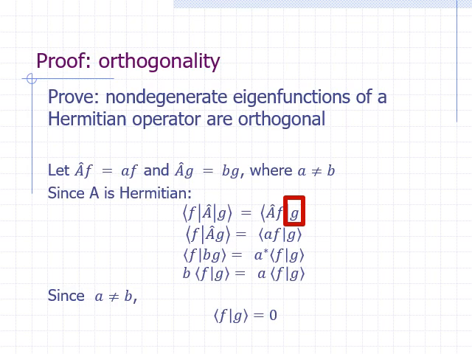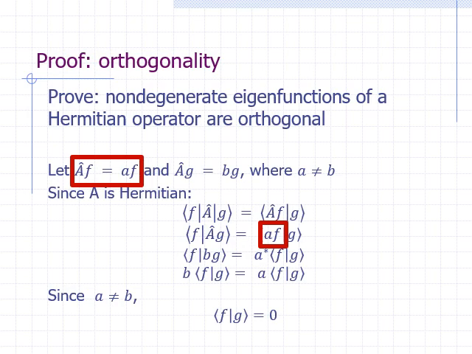Let's simplify the left-hand side. We apply A hat on g. Then, since g is an eigenfunction of A hat with eigenvalue b, we replace A hat g by bg. Since b is a constant, we can pull it out of the integral. Let's simplify the right-hand side. We apply A hat on f.